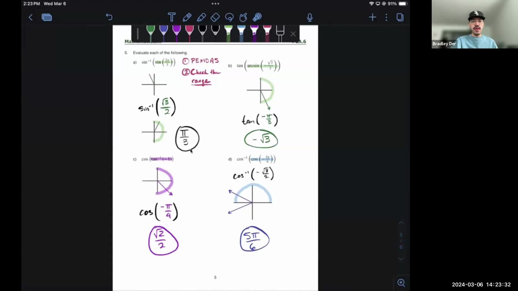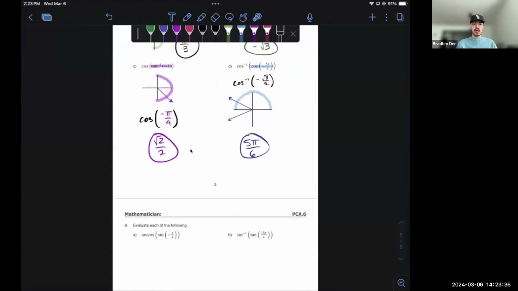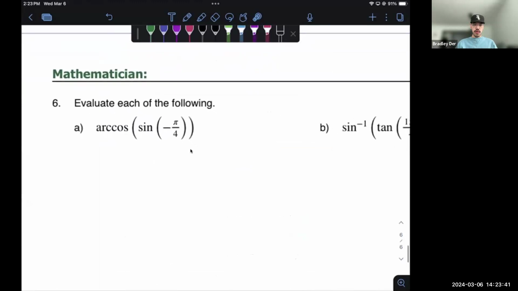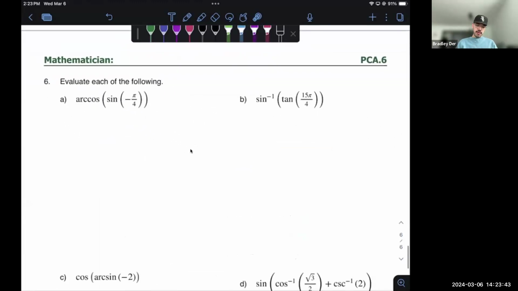I'm going to go ahead and give you the answers for page 6. So let me just zoom in here really quick. I suppose if you want, you can pause the video and then restart once you have your answers, and then you can just compare. Or if you just want to write the answers down, you can check after you're done doing the problems.